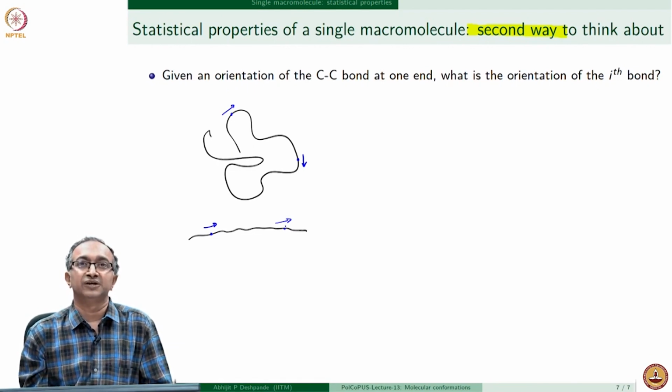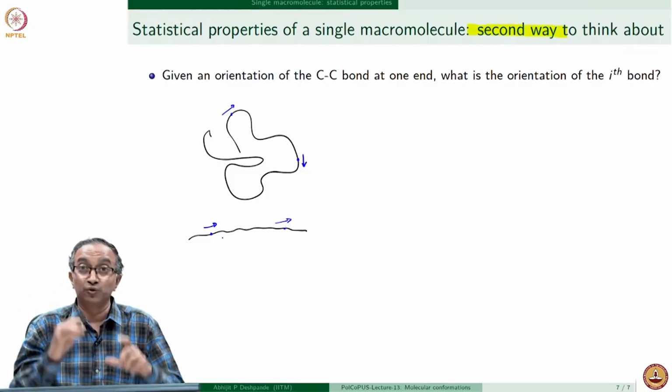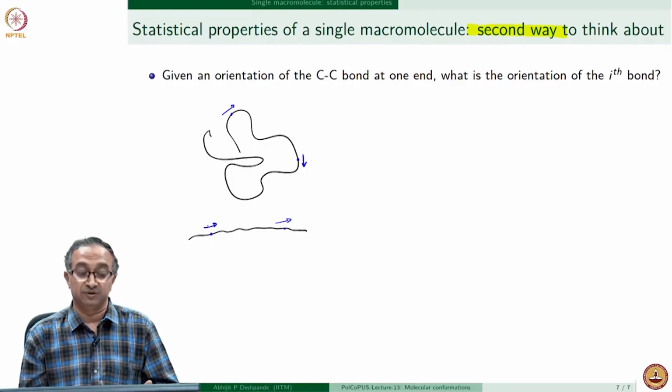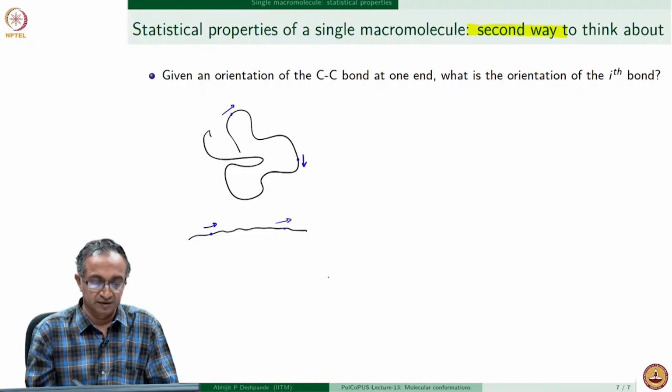Because it's a rod-like molecule, conformational changes are not easy, and no bond rotation is possible. So therefore, if I know the rotational state of one bond, I also know the orientation state of another bond. The same macromolecule can adopt, move like this.